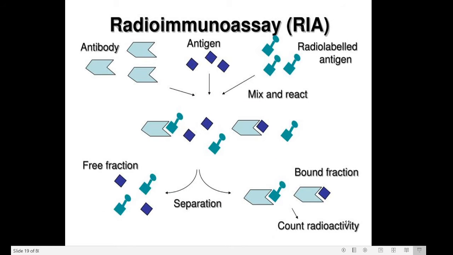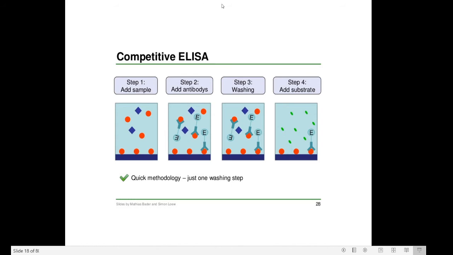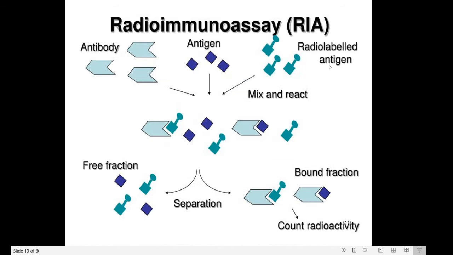Next is the radioimmunoassay. Radioimmunoassay is radioactive linked, right? Here we are going to explain the fluorescence molecule labeling. The enzyme labeling and fluorescence molecule labeling are very important.